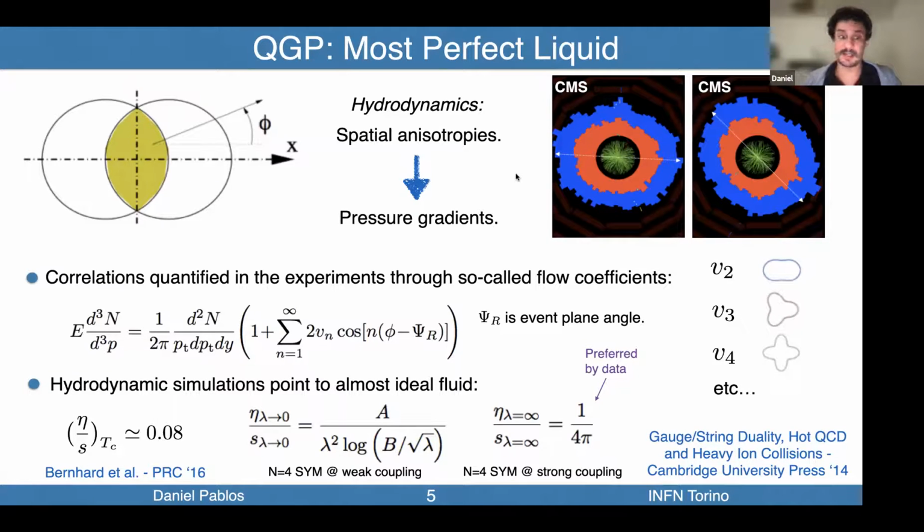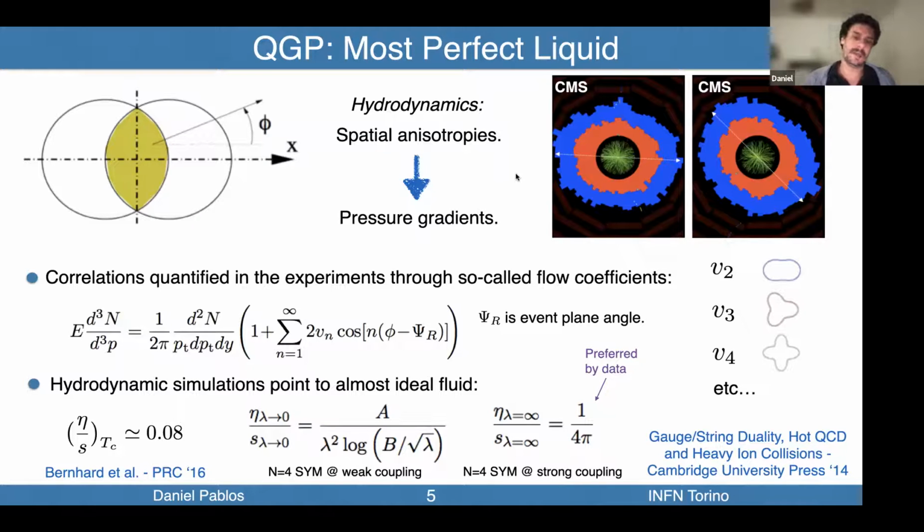It's interesting to note that this value of the shear viscosity over entropy density pretty much resembles the one you would get from a fluid without quasi-particles, or at least a fluid that is very strongly coupled.